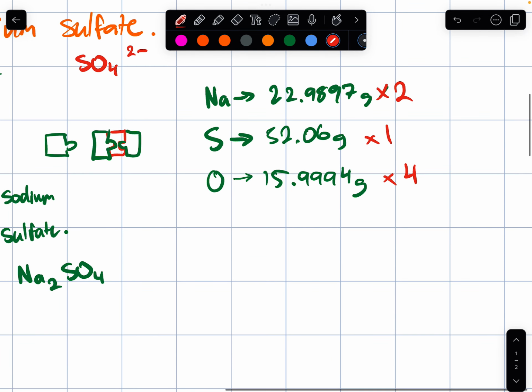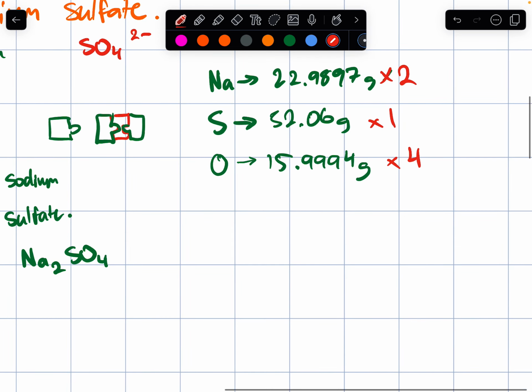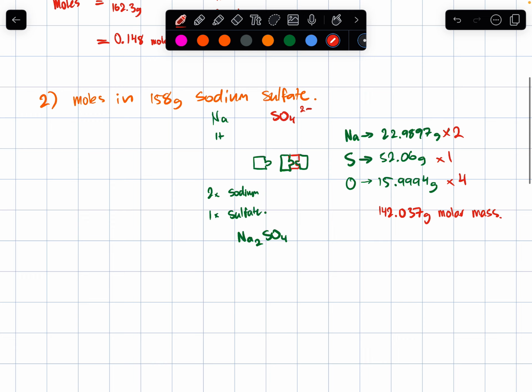Now, we shove this in the calculator, 22.9897 times 2 plus 32.06 plus 15.9994 times 4 is 142.037. Now that's going to be our molar mass.